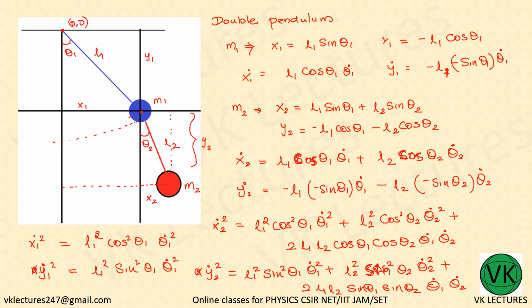So this is x1 dot squared, y1 dot squared, x2 dot squared and y2 dot squared.